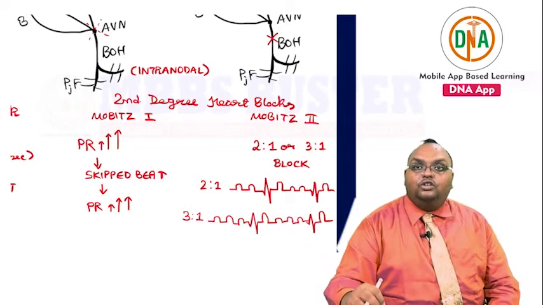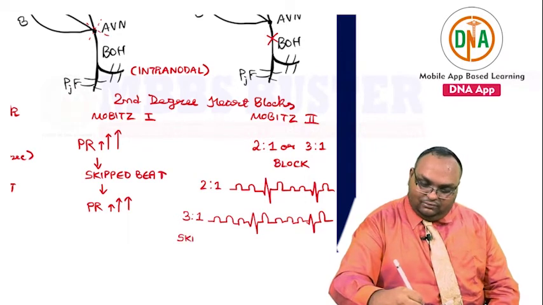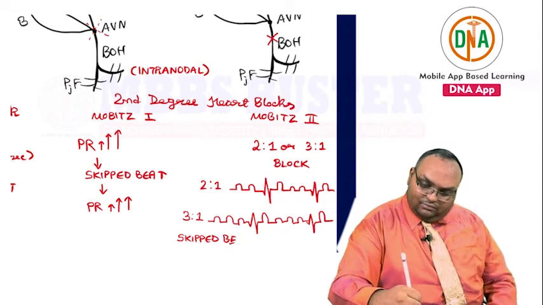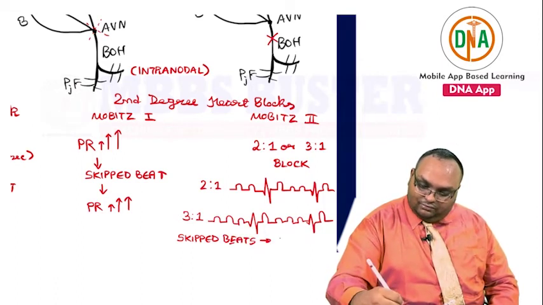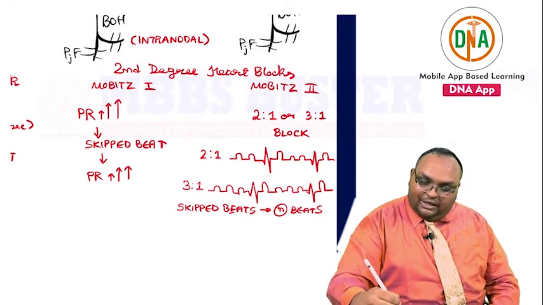So over here you basically have skipped beats followed by QRS complexes, normal beats, and then again you have skipped beats.